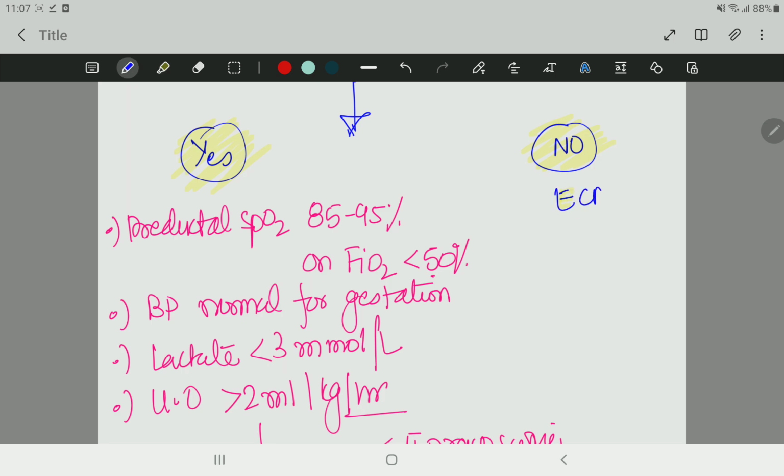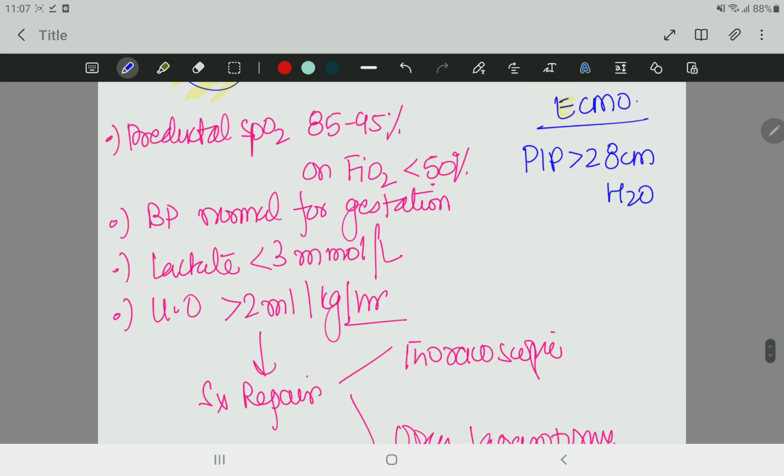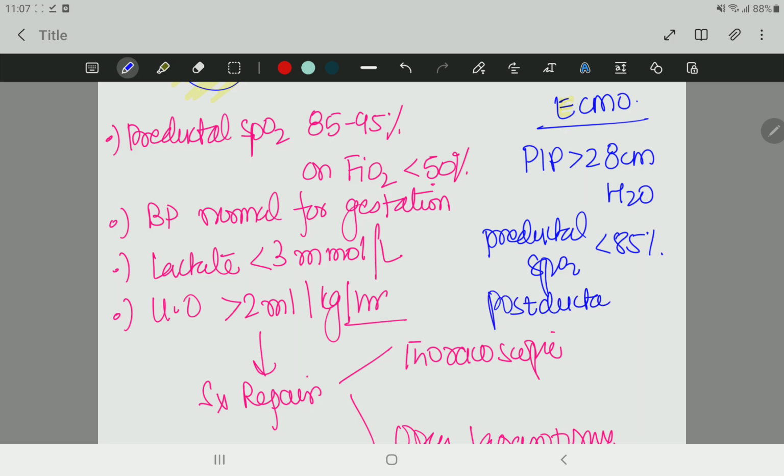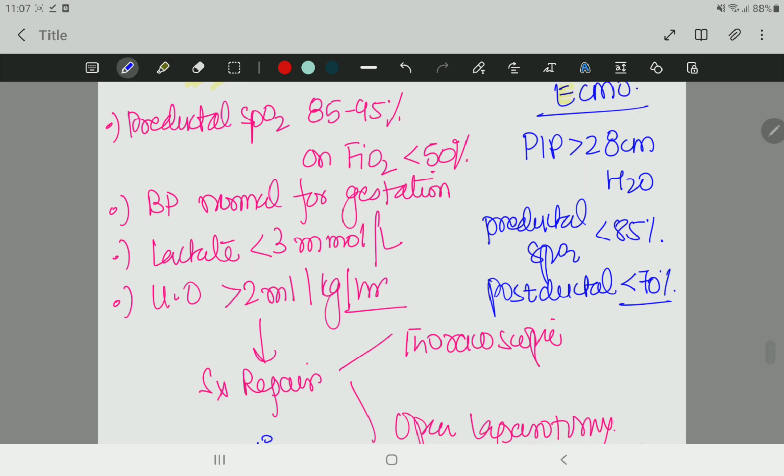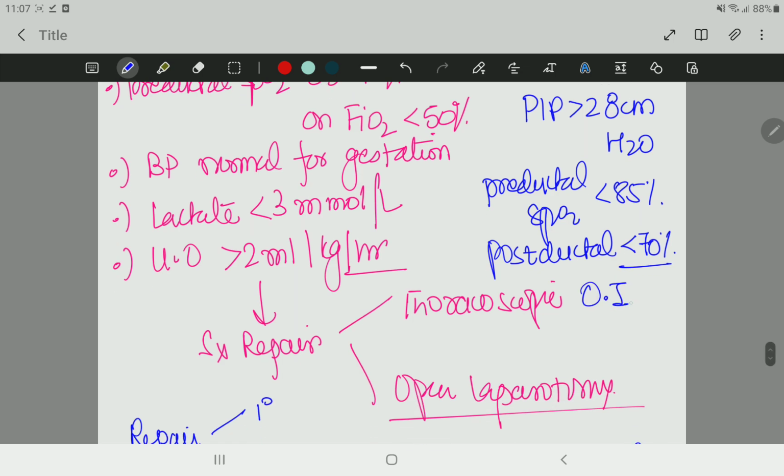For example, your PIP is more than 28 centimeter of water and the neonate still has inadequate oxygenation, meaning preductal SpO2 is still less than 85% and postductal SpO2 is less than 70%, and oxygenation index is more than or equal to 40 for at least 3 hours.